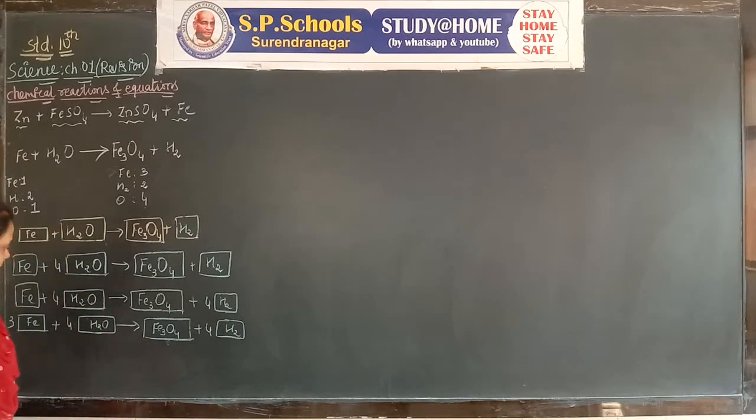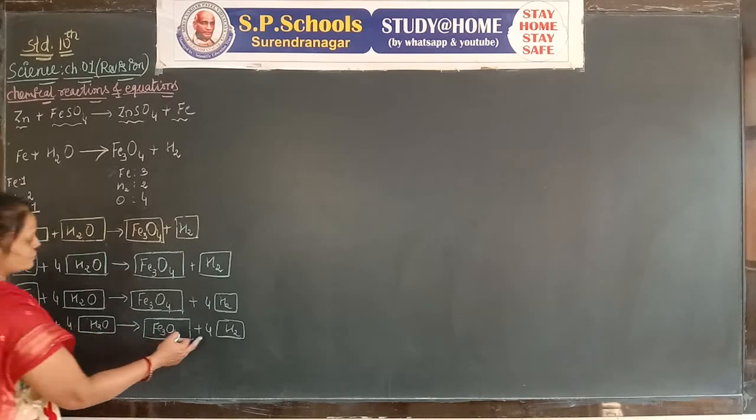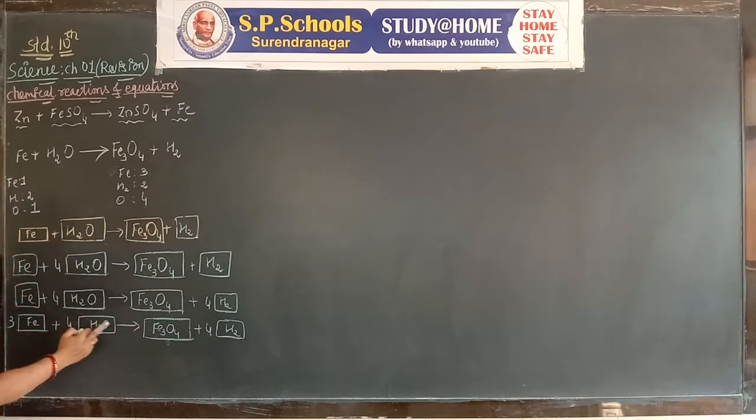Here again count the numbers. 3Fe, 4 2s are 8 hydrogen, 4 2s are 8 hydrogen, 4 oxygen, 4 oxygen. So this equation will be a balanced equation.